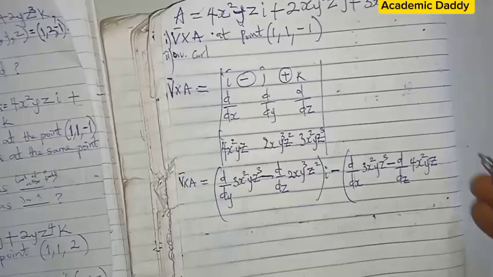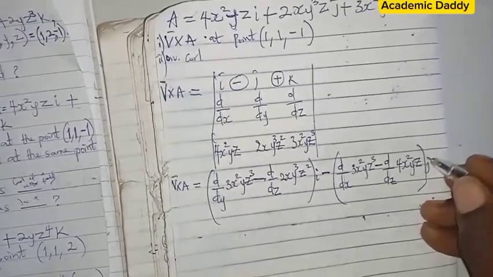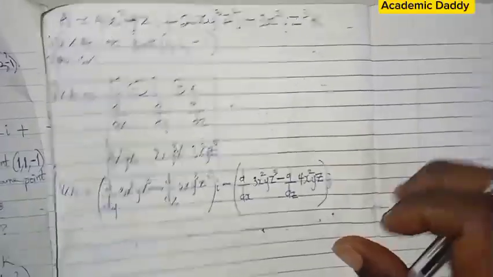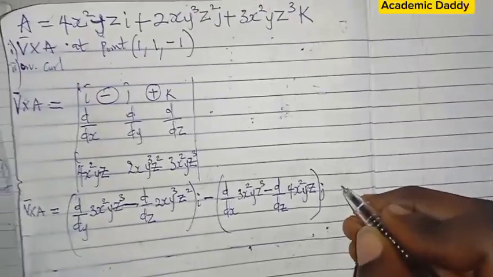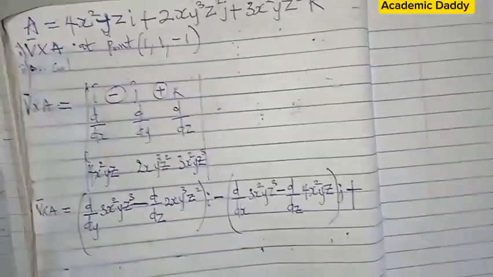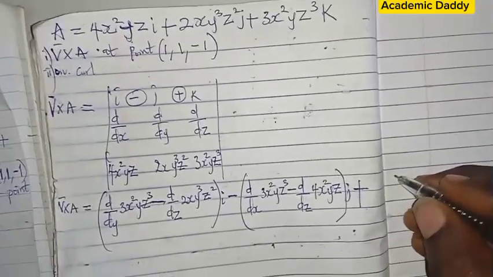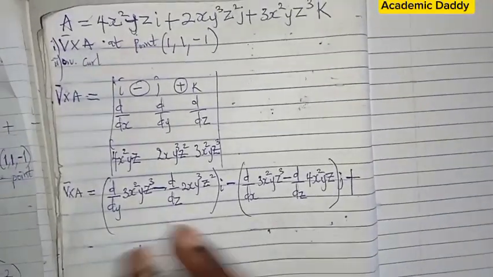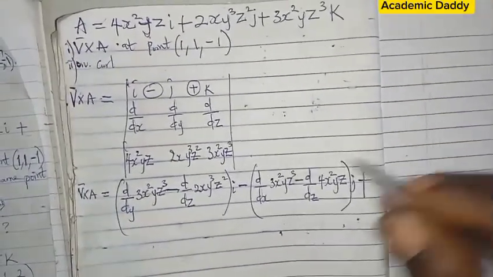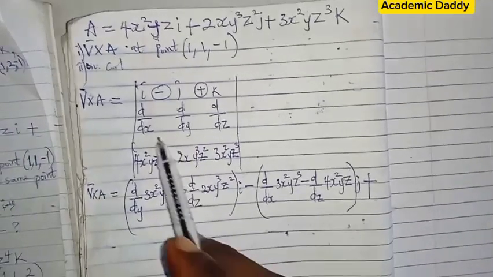I'm putting it this way so you know it's z, so you don't confuse it. Plus, I'll do this side, so we don't have to be going under. So we have now gotten for j.